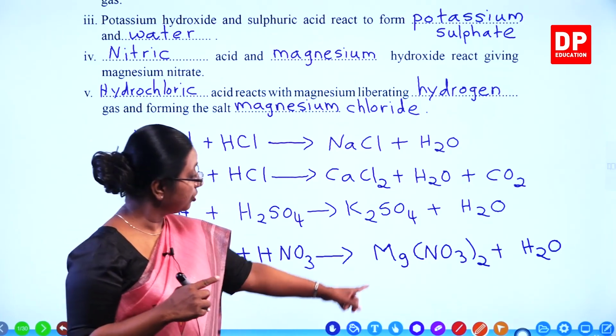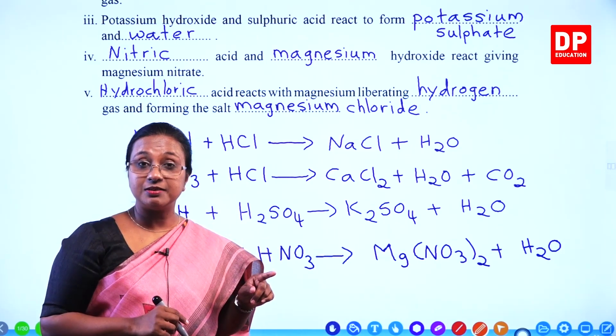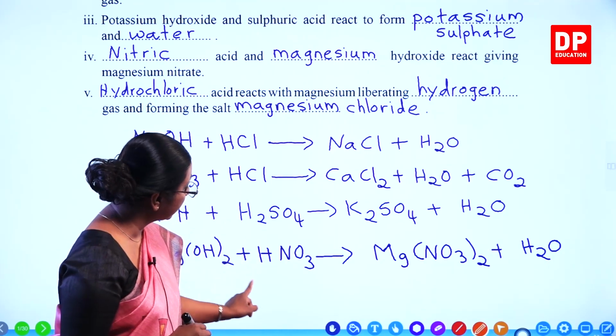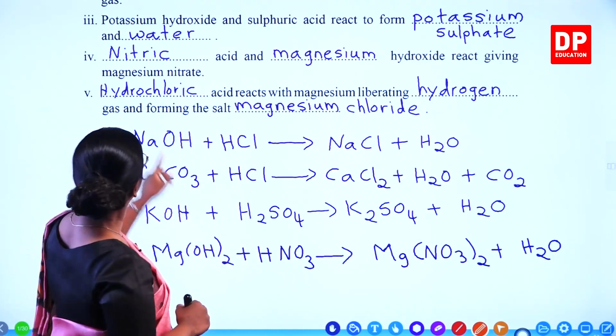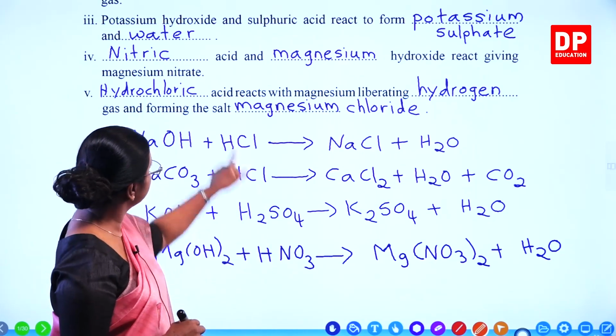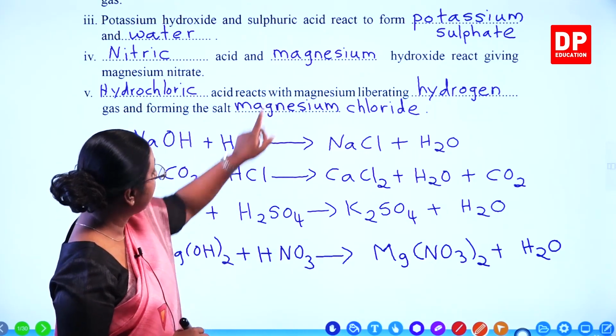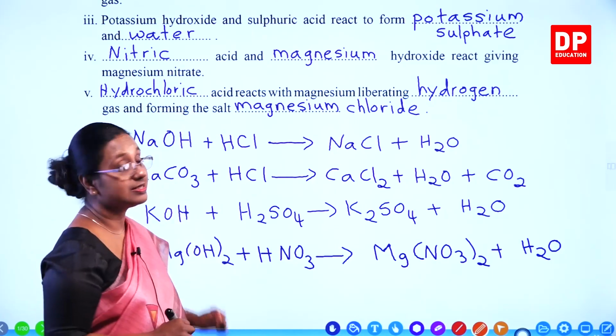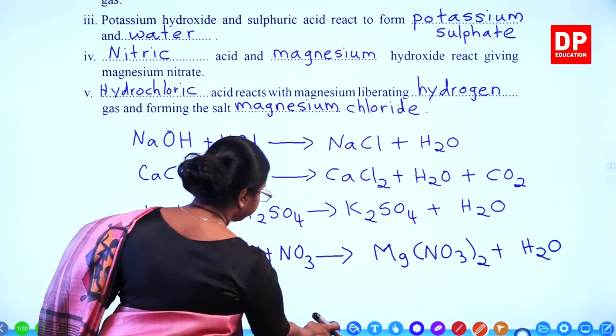Earlier also I told you all these are double displacement reactions. So now you know this is magnesium hydroxide and HNO3. So HNO3 is nitric acid, and nitric acid and magnesium hydroxide react giving magnesium nitrate.